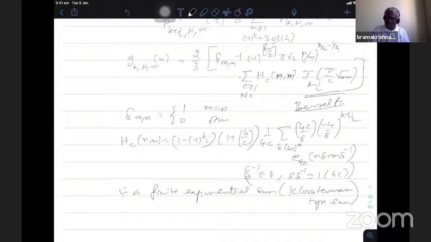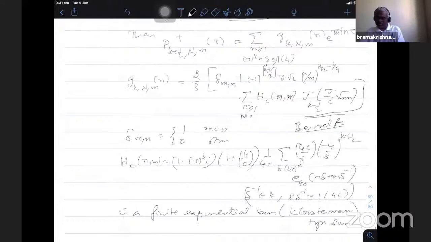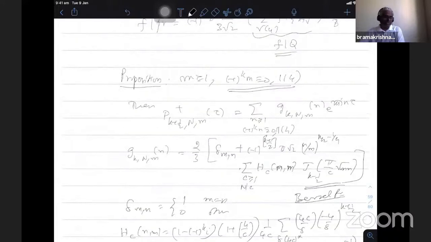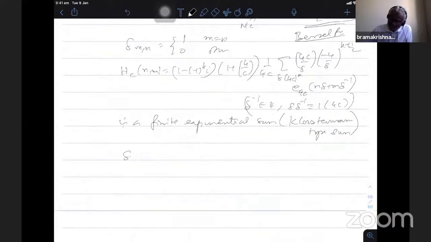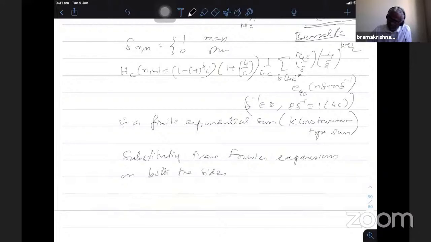You substitute these two in the corresponding omega functions on both the sides, and then compare the Fourier coefficients with respect to z and tau. So substituting these Fourier expansions on both the sides of the omega definitions, two definitions, right?